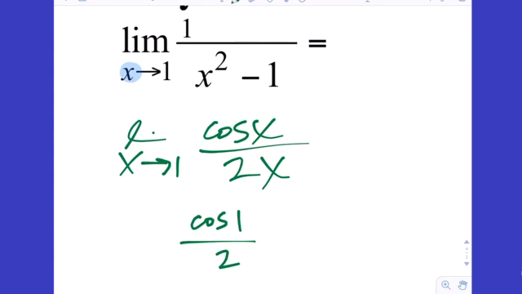So cosine of 1 is going to be a little bit bigger or smaller than 1/2? Okay, so if you're at 60 degrees, it's 1/2. If you have to rotate down, your triangle is getting wider. Should be a little bit bigger than 1/2. So cosine of 1 is something slightly bigger than 1/2.